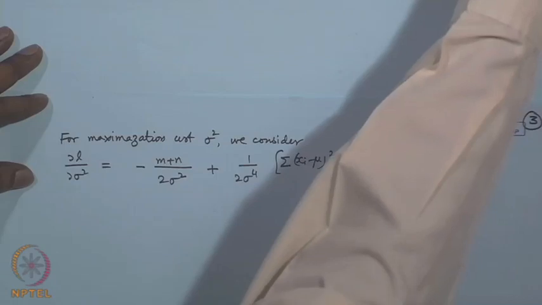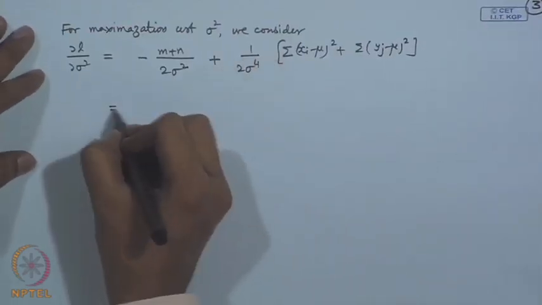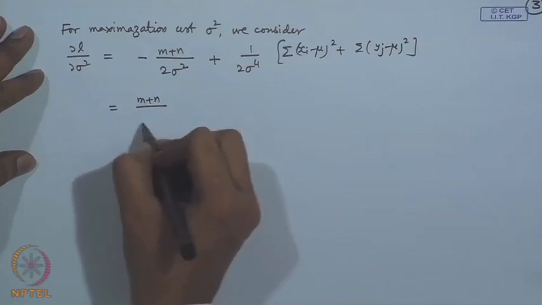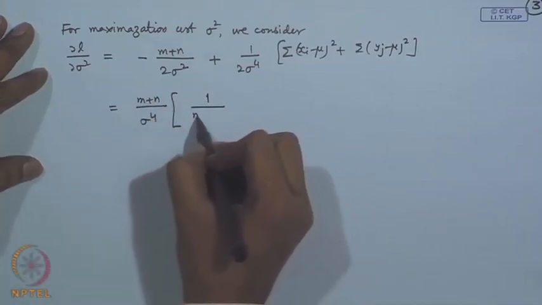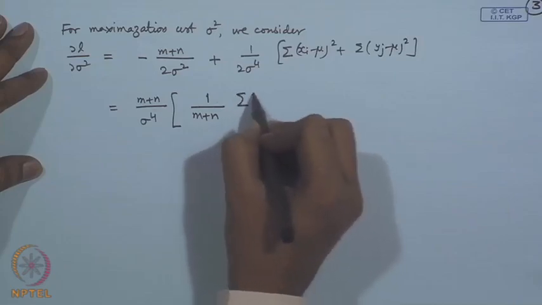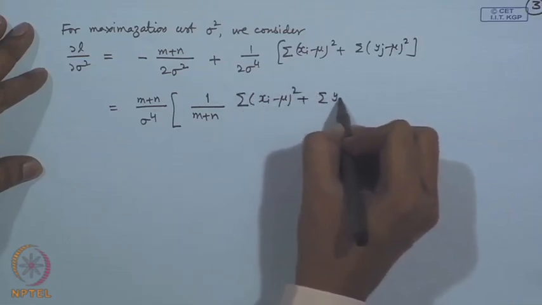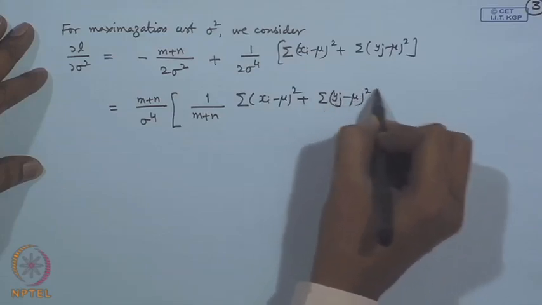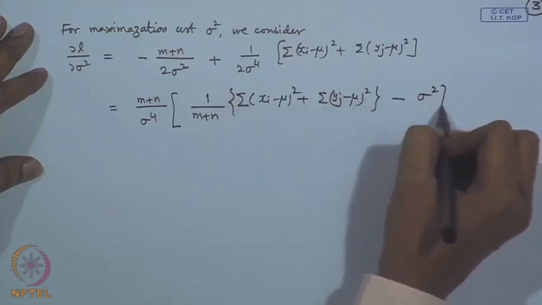So, once again we can write this as (m plus n) by sigma to the power 4, times 1 by (m plus n) times (sigma x i minus mu) square plus (sigma y j minus mu) square, minus sigma square.